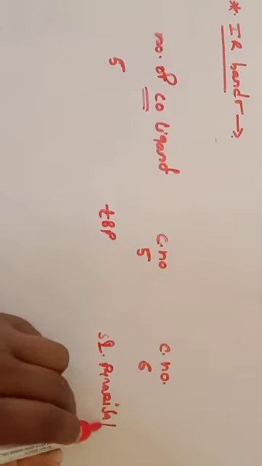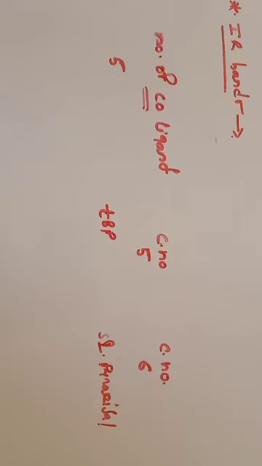So don't get confused between the geometry and the shape of the complexes. Whenever there is coordination number 6, the geometry is octahedron, and whenever there is coordination number 5, then the geometry is trigonal bipyramidal. But if there are a total of 5 carbonyls, and the coordination number is 6, then the geometry is octahedral, but the shape is square pyramidal.